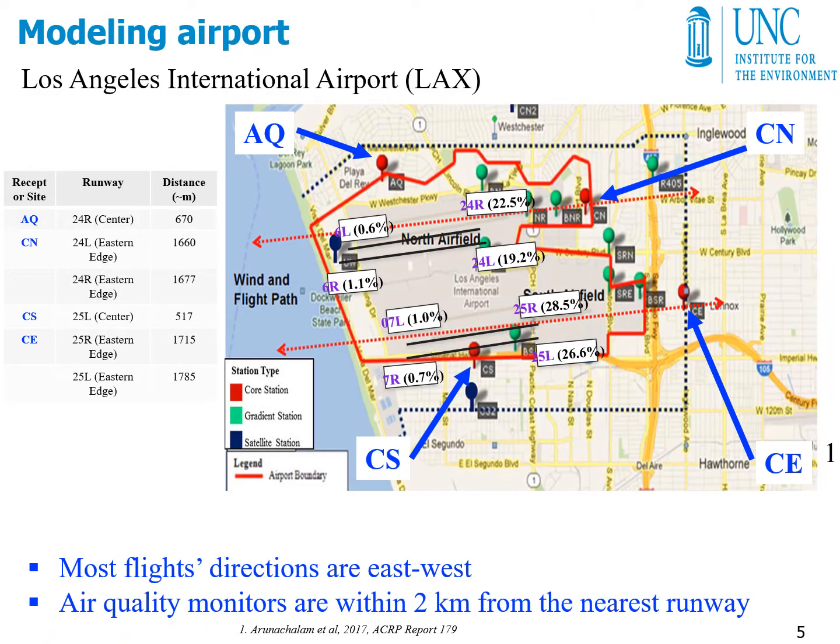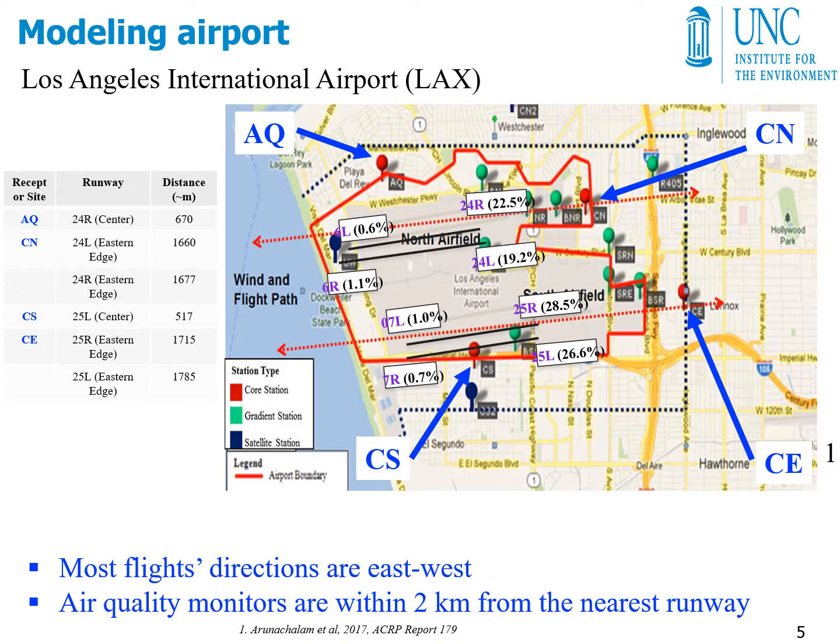This slide shows the map of the modeling airport, which is the Los Angeles International Airport. You can see the airport is in the center of the map, and it has four runways, two in the north and two to the south. And you can see in this map there are four monitor sites, which are AQ, CN, CS, and CE.